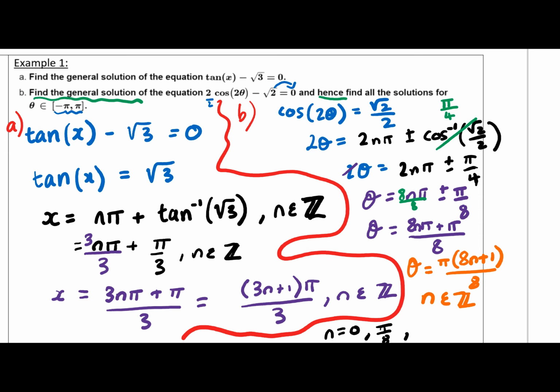But if n was negative 1, then we end up with negative 7 in the brackets, pi on 8. So the answer is negative 7 pi on 8. And that is in the domain. It's not further out than negative pi. So we've got two answers. We've got pi on 8 and negative 7 pi on 8.